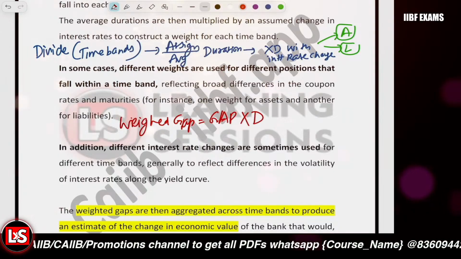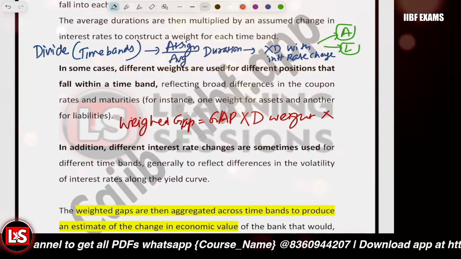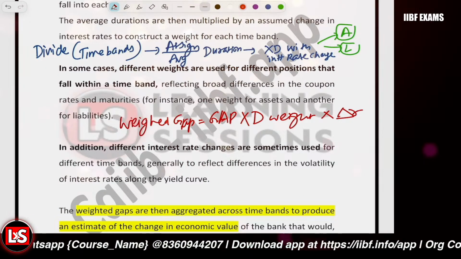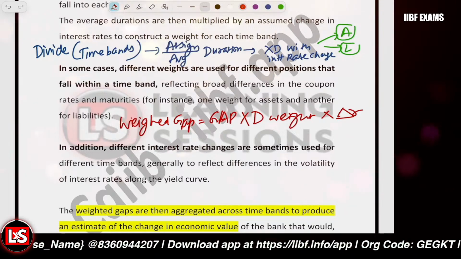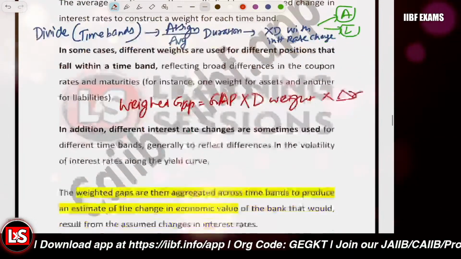Duration weight, and multiply with the interest rate changes, right? So that is to be done.